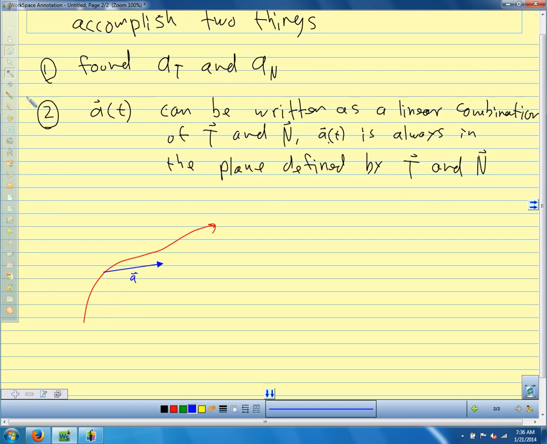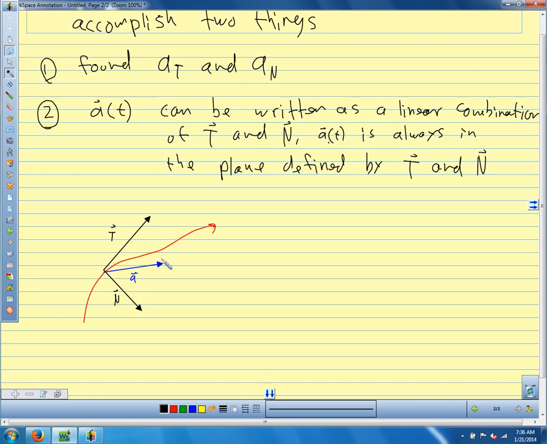Well, I have a tangential component of acceleration, I'll do those in black. So we have a tangential component of acceleration, like so, and a normal component of acceleration, like so. So there's our unit tangent vector and our unit normal vector.